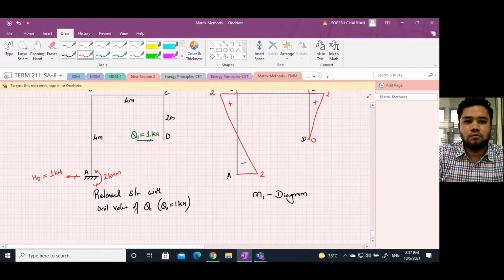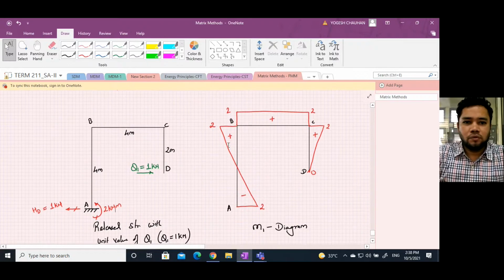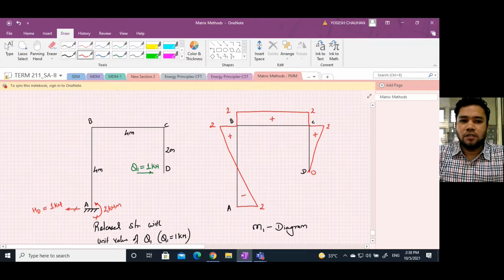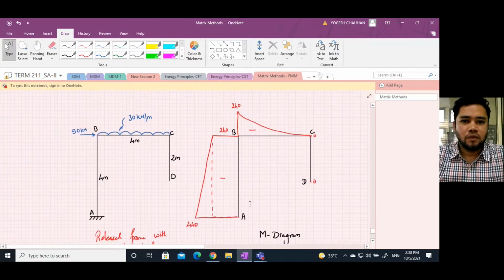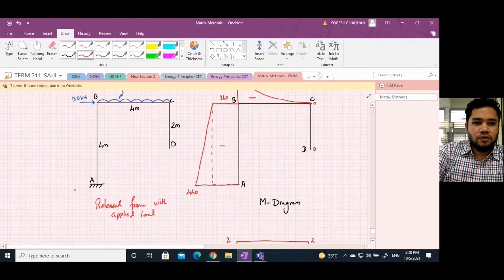So when this 1 kilonewton load is transferred here, it will cause minus 2, and it will be 1 into 2 in minus, so it will be 0 here, and then it will form this shape of bending moment, right? Same way you can find the reactions for this case also.